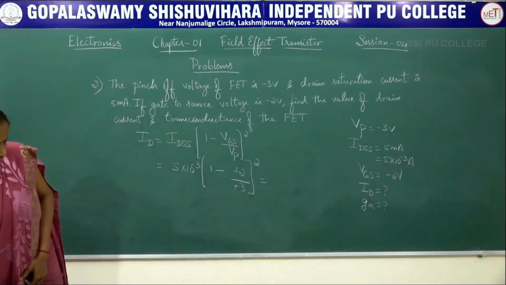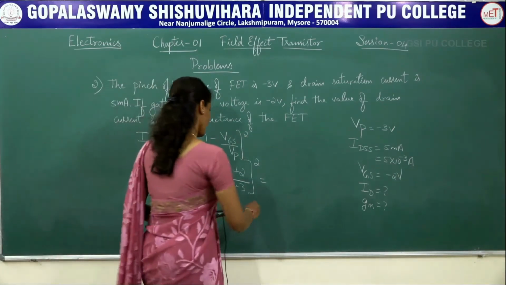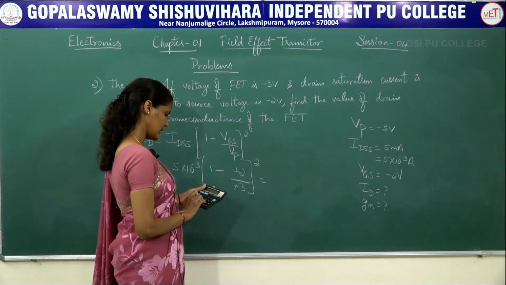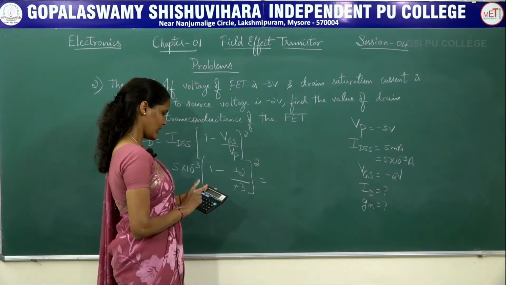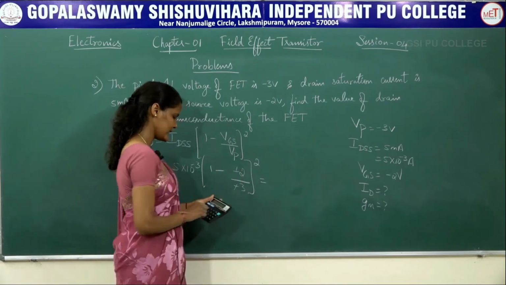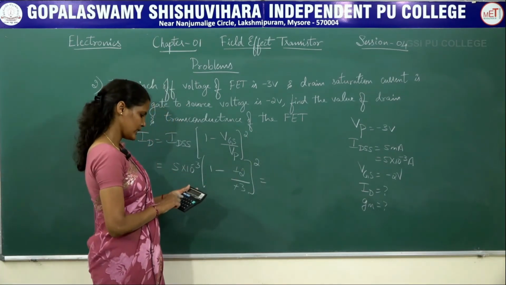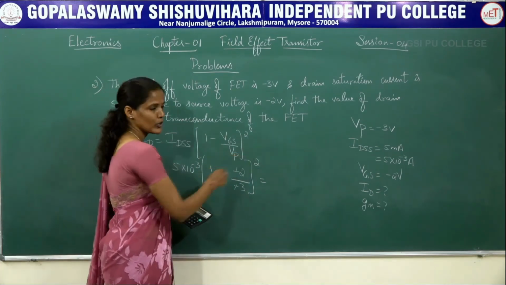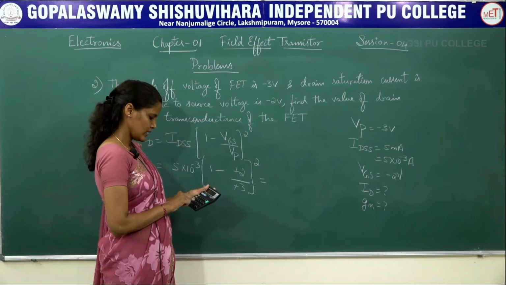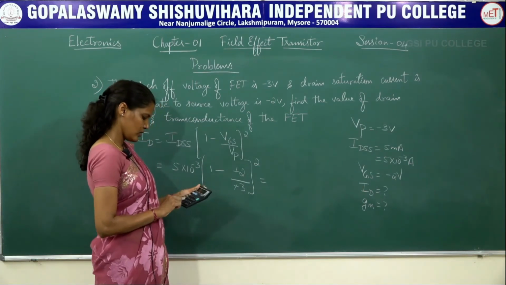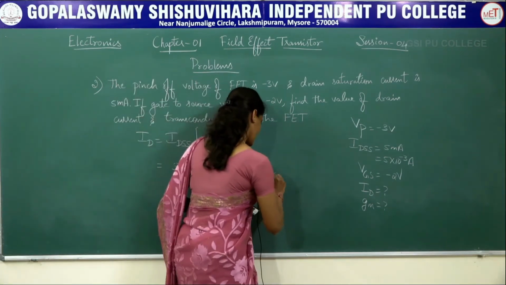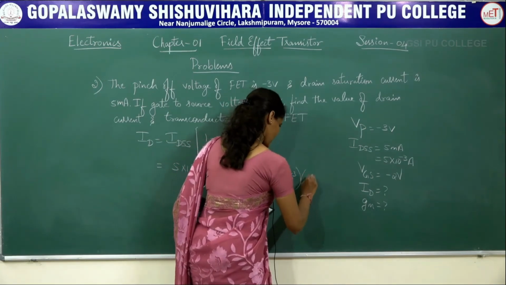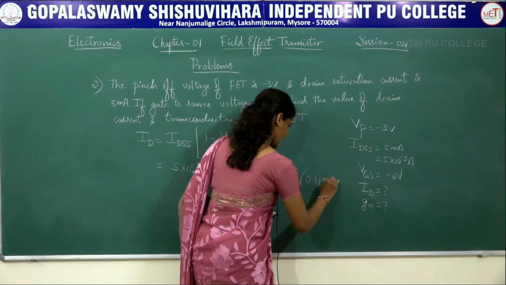Let me take a calculator. So 2 divided by 3 is 0.66, 1 minus 0.66 is 0.34, into 0.34, okay, we are having a square. 0.34 squared, you are going to get it as 5 into 10 to the power of minus 3 into 0.1156.